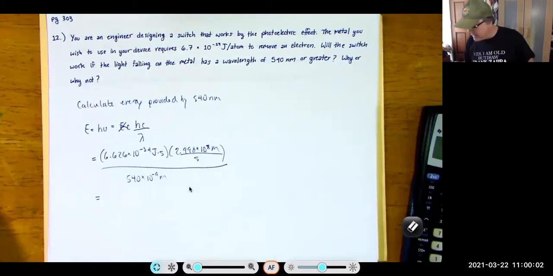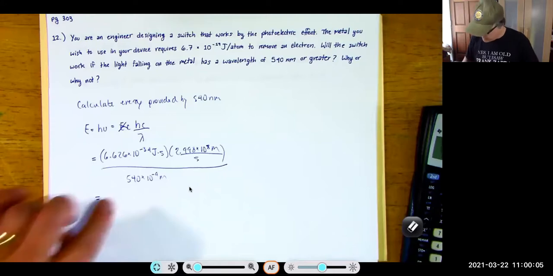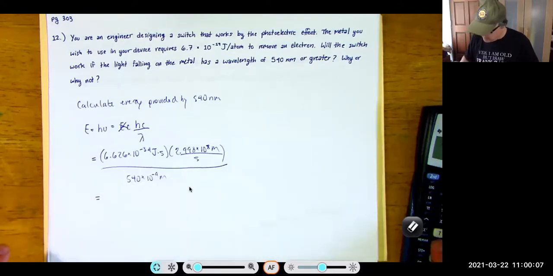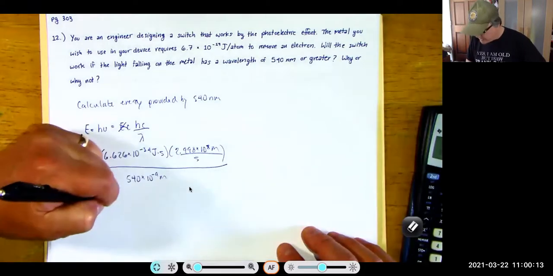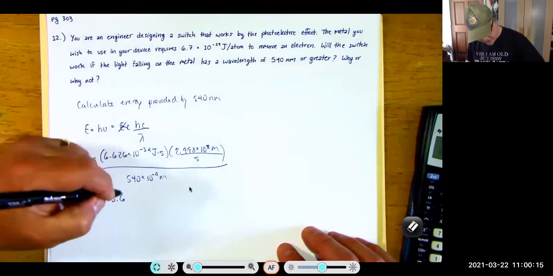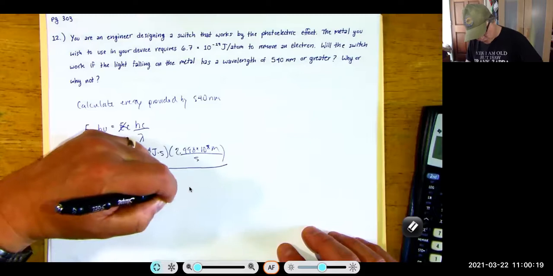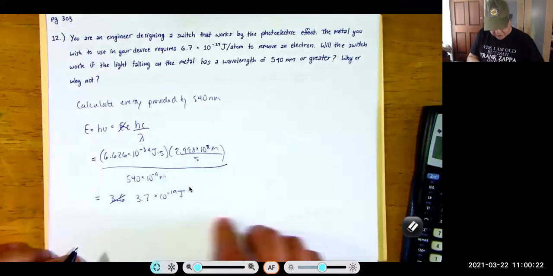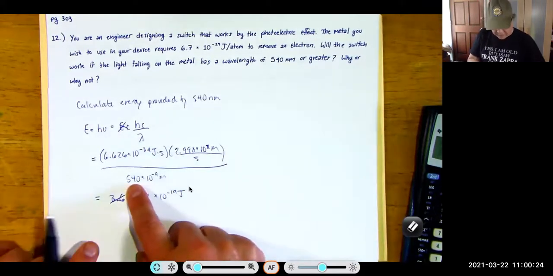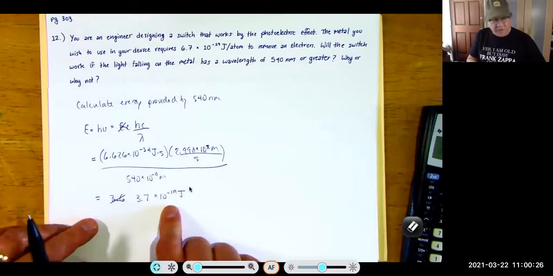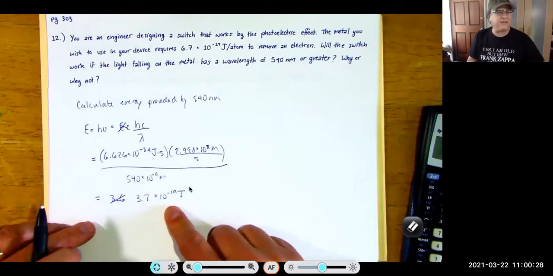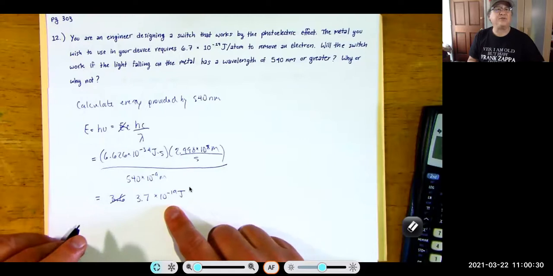So 1.98 times 10 to the minus 25 on top, divided by 540 times 10 to the minus 9. And we get 3.6, actually 3.7 times 10 to the minus 19 joules. So for this 540 nanometer light, each photon has 3.7 times 10 to the minus 19 joules. Did I do that right?